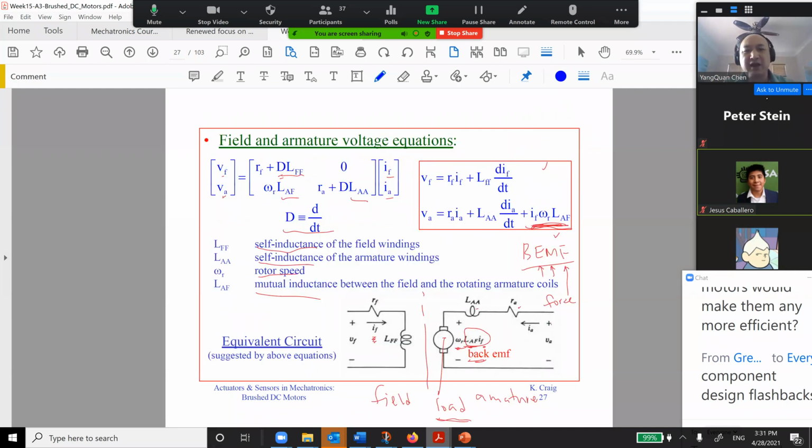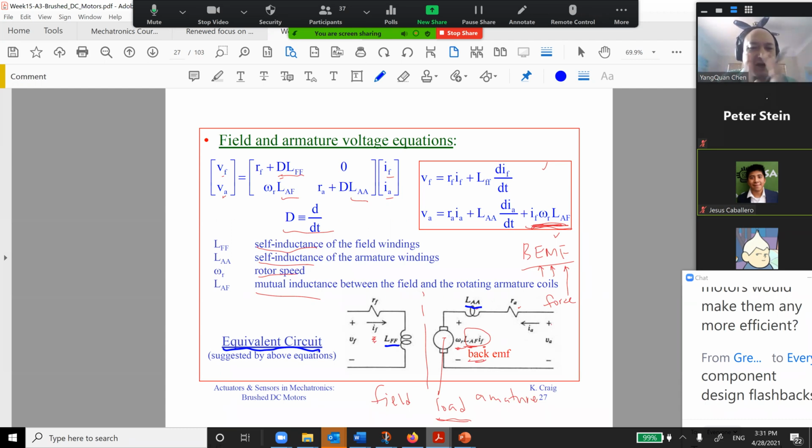Basically here is the equivalent circuit. This is our field excitation circuit, and this is the armature circuit. The armature itself has L_AA, a self-inductance. This is also L_FF, for the field.